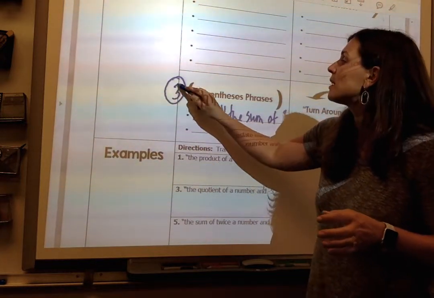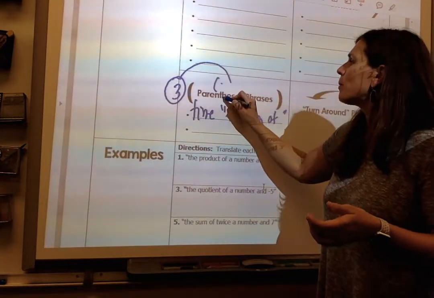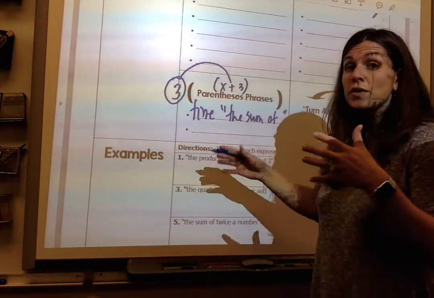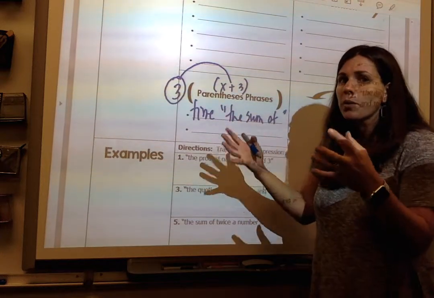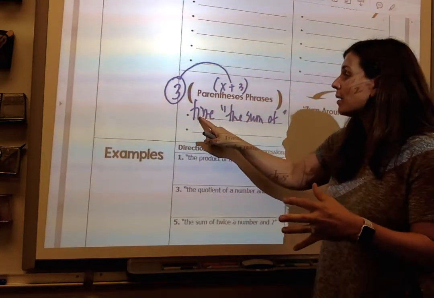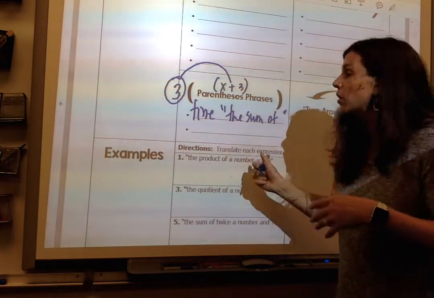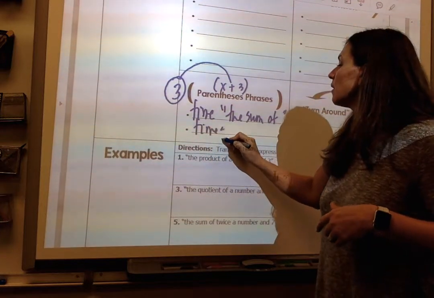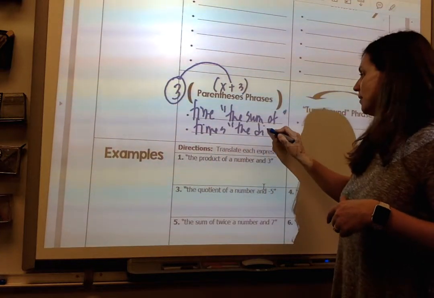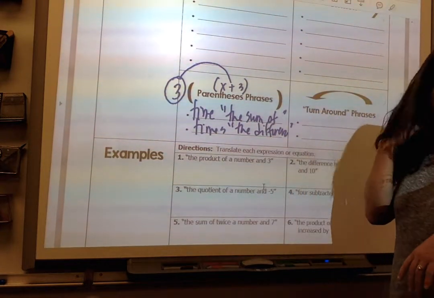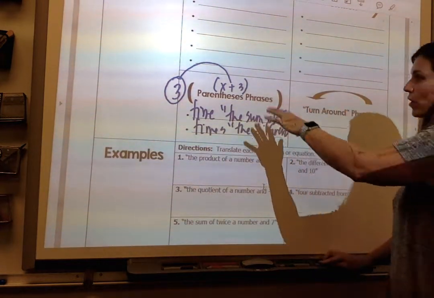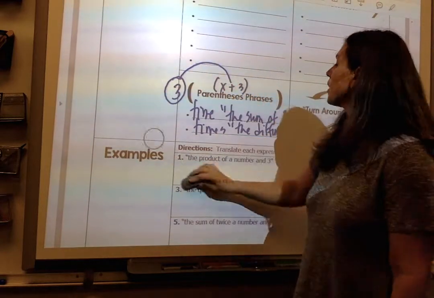You are timesing something, usually by the sum of or the difference of. So when you look for those distributive property words, you do times the sum of something or times the difference of something. Okay, so that's what I want you to look for here for those parenthesis phrases.